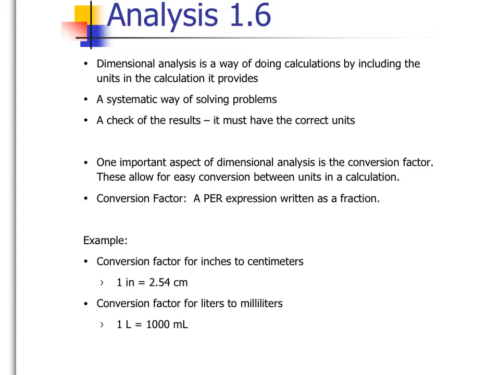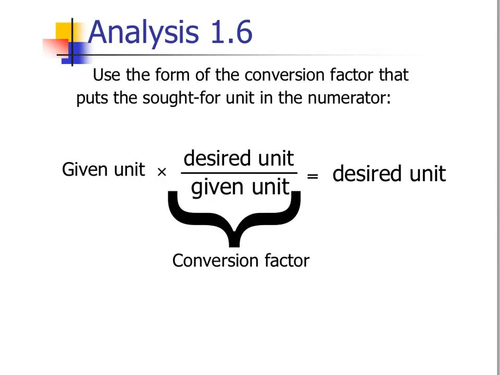Looking at the next slide, I'd like to set it up as this pathway where we have our given unit times our conversion factor, which puts the desired unit on top and the given unit on bottom, and that would then give us ultimately our desired unit.